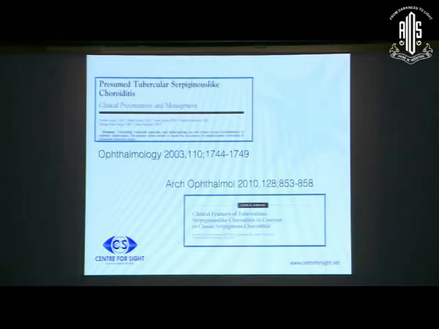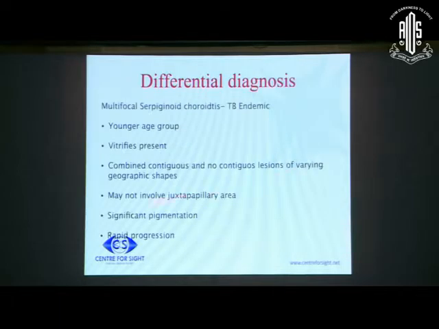The other entity is presumed tuberculosis, serpiginous-like choroiditis. The important differentiating point from a tuberculous choroiditis is, one, obviously, in a TB endemic area like ours, it is much more common to have these kinds of lesions. So we always have to have a suspicion of tuberculosis in these conditions.